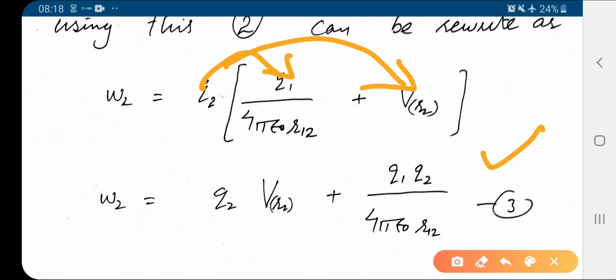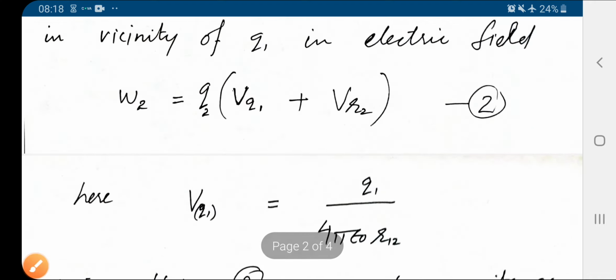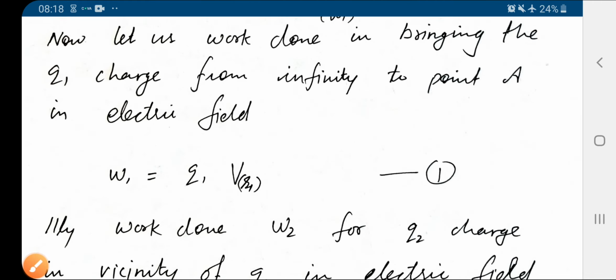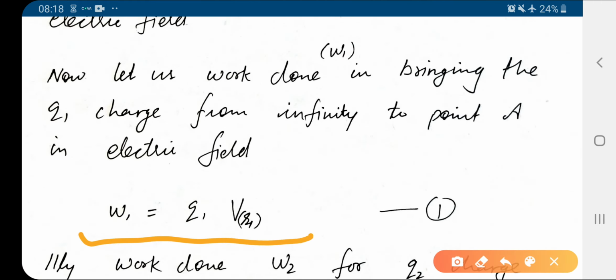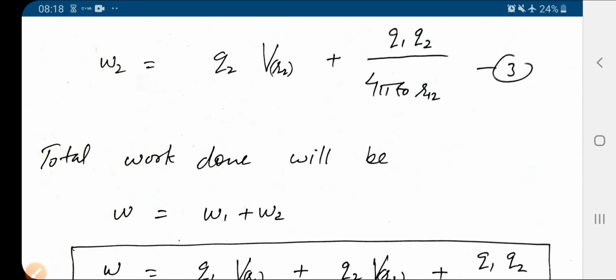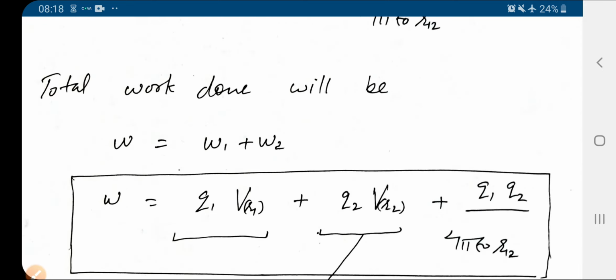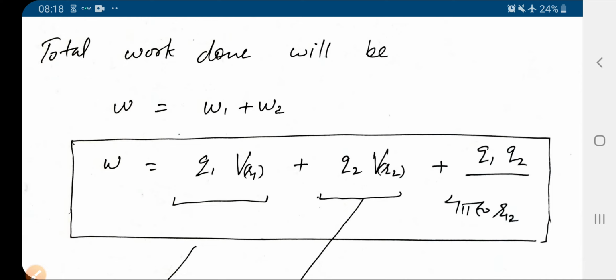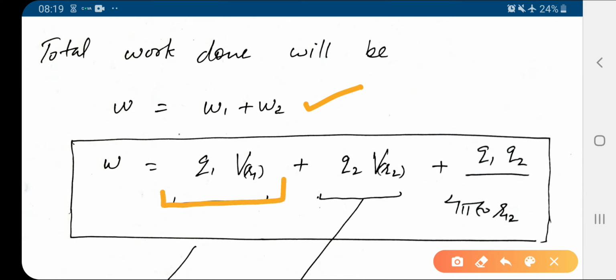Before that, we already found the work done for placing only the Q1 charge. That is the first point. Now, what will be the total work done? So simply add these two. Now the total work done will be the work done for placing Q1 and Q2, that is W1 and W2, which we already calculated here. So this term is the work done for placing the first charge only.